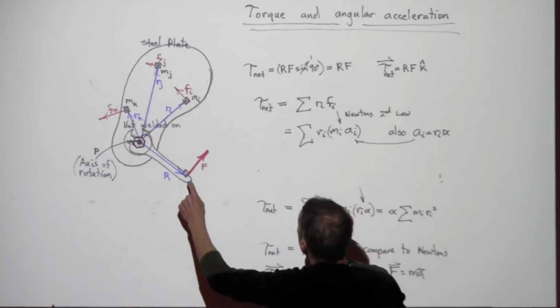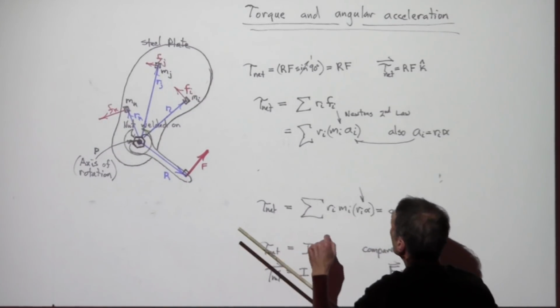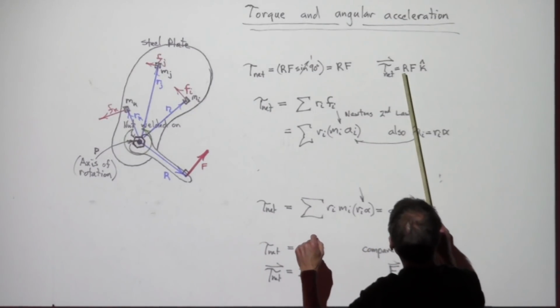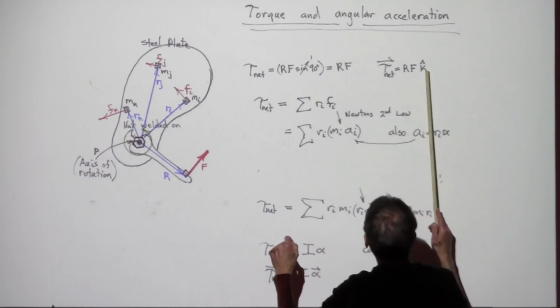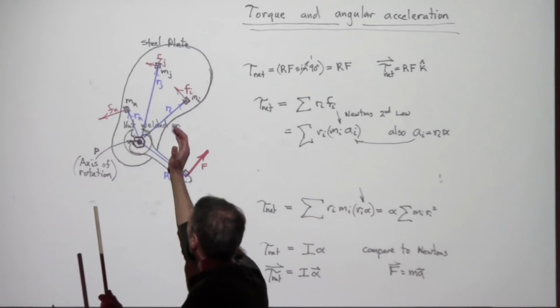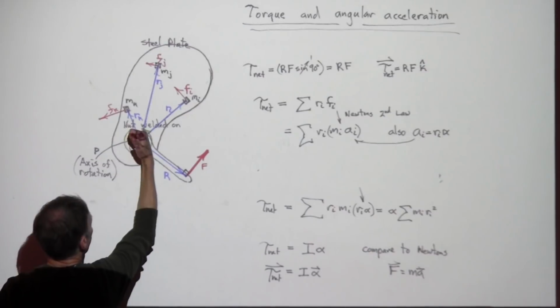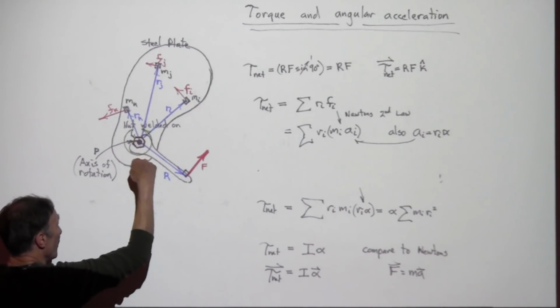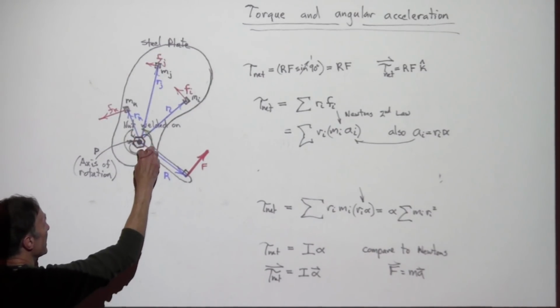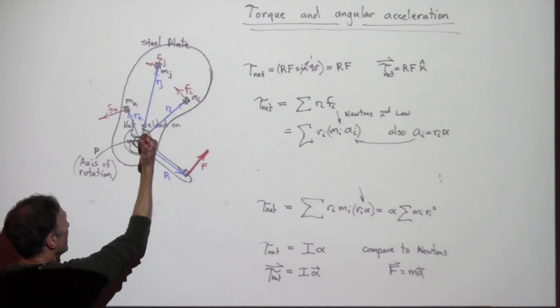Now, this net torque that we're going to apply is just R times F, K hat. The K hat indicates the direction, which comes from the cross product. It's going to be pointing out of the board. And as far as the meaning of that, if you're trying to make sense of it, it's going to be pointing this way.